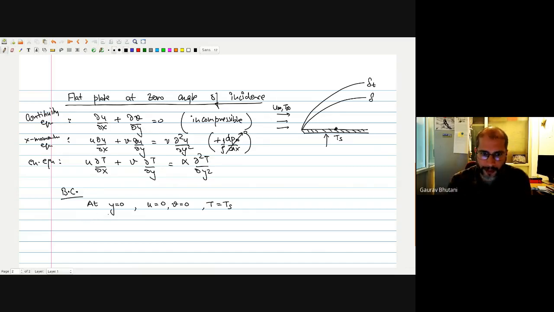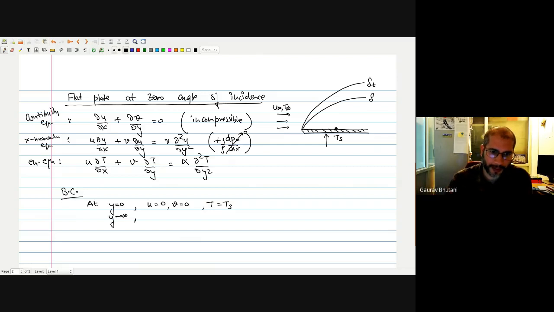And then in the free stream, at y tending to infinity, in some cases we say y tends to infinity, and in some cases we say that for y greater than the boundary layer thickness, for temperature or momentum, whichever I'm talking about, I apply this. But technically, theoretically the effects take infinite distance to penetrate.